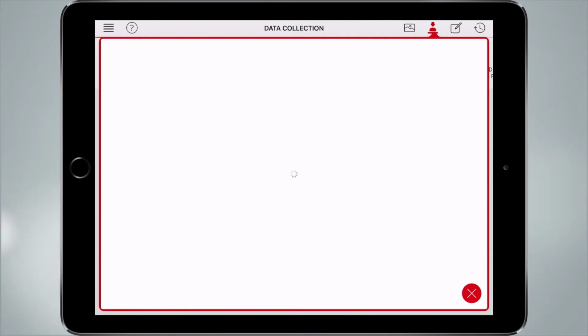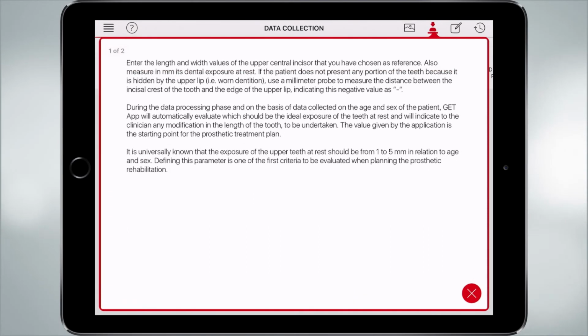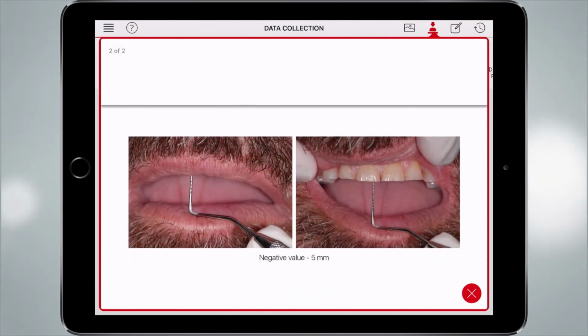Why don't we say 0? Of course, in this situation you see that we have some text over here, but also some pictures. That's, I think, the most important one. It means that you have no visibility of the upper teeth at rest, but if you put your probe on the incisal edge and then let the upper lip go down, you count minus 5.